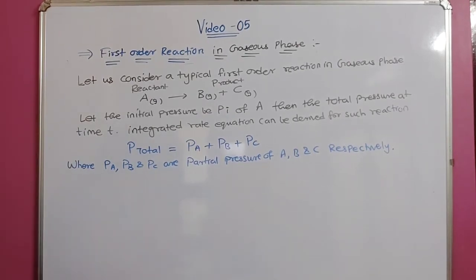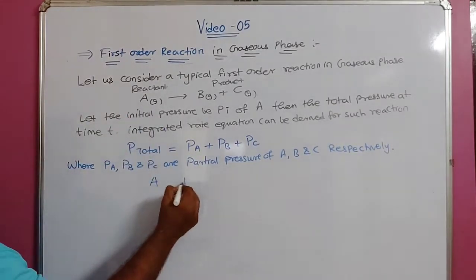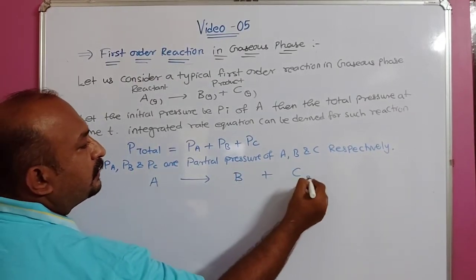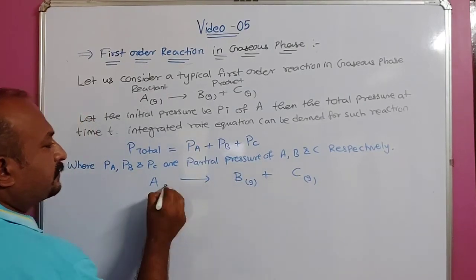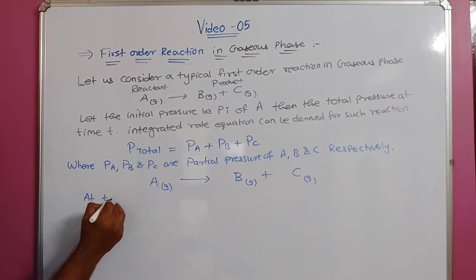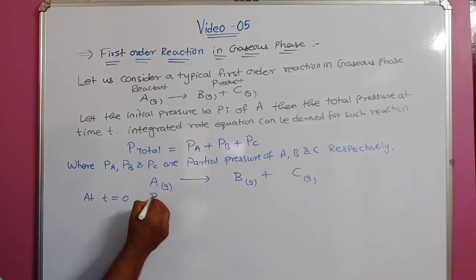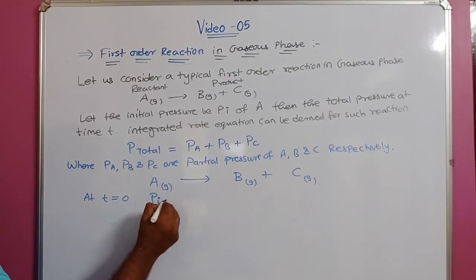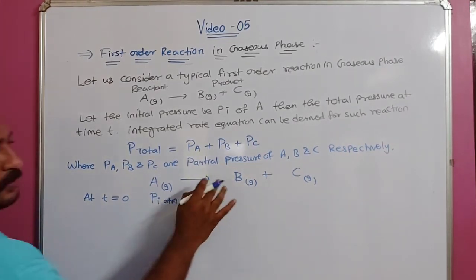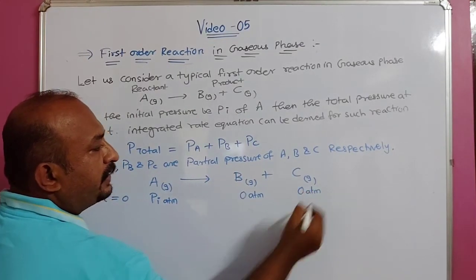For the given reaction, A gives B plus C, all in the gaseous state, homogeneous. At time t equal to 0, the initial pressure of A will be Pi in atm, the unit of pressure, and before reaction the products will be 0 atm.